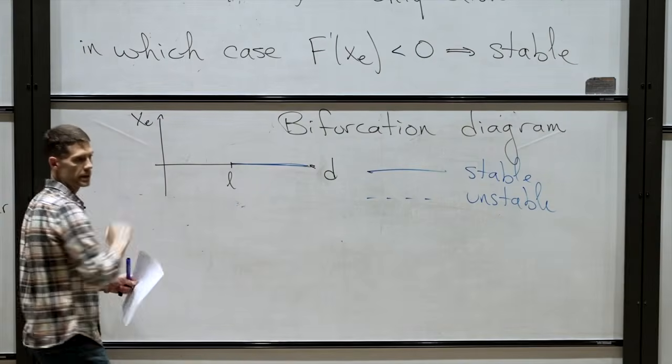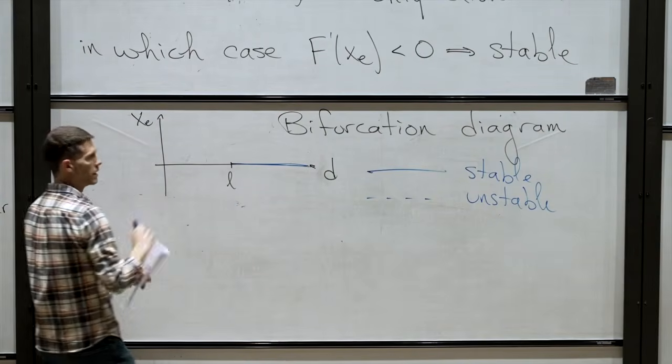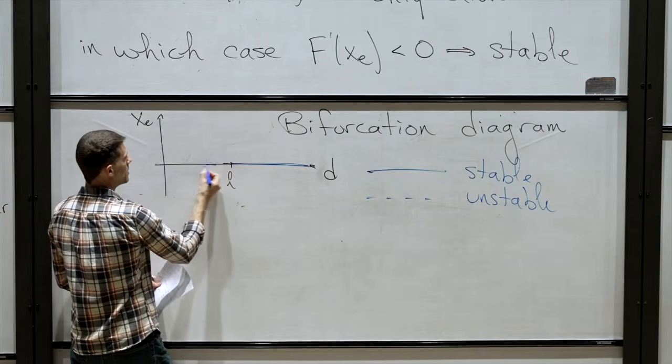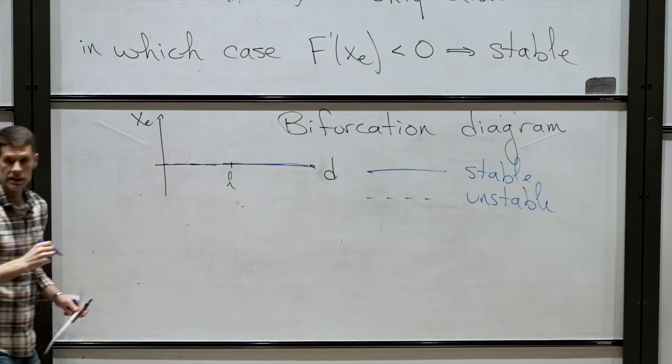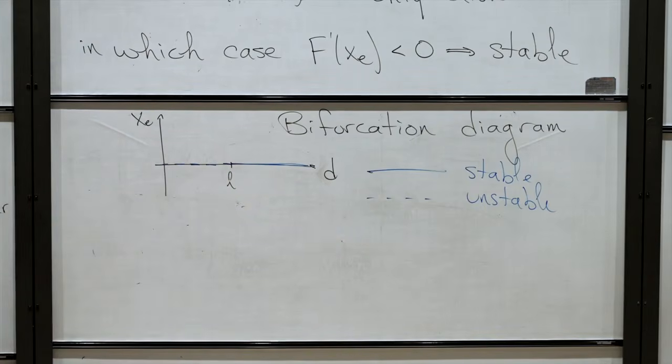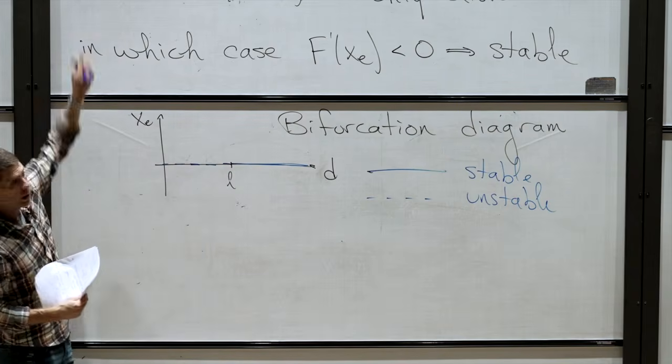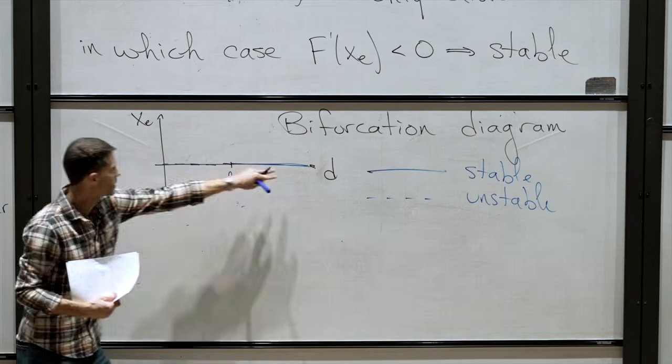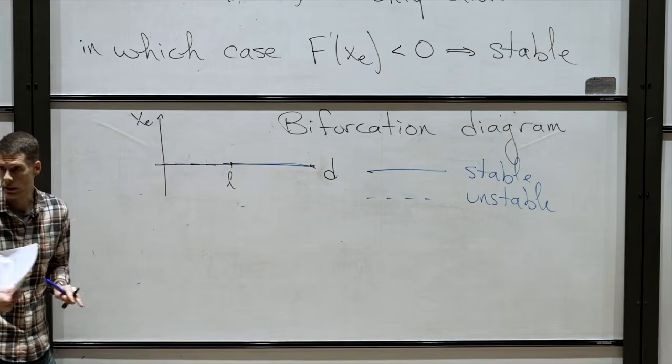When D becomes less than L, that equilibrium is still there, but it becomes unstable. So that's what I've just drawn, case 1: x equals 0 is always there, but its stability changed.